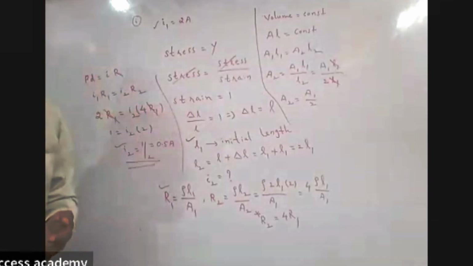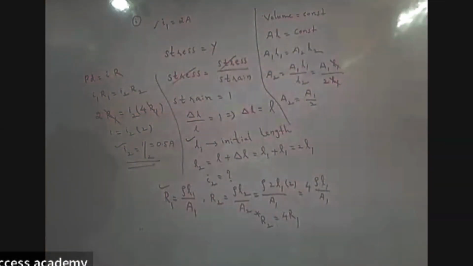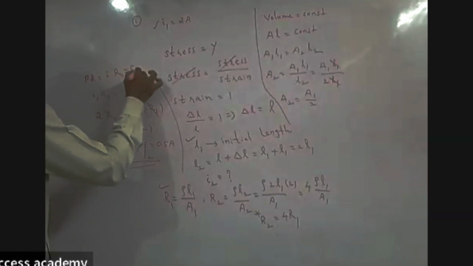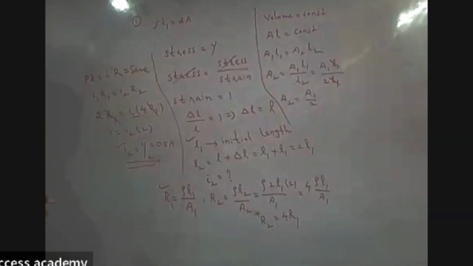Now, the potential difference is IR. This is the same. So I1 R1 equal to I2 R2. I1 is 2 ampere, R1 is as it is, I2 we need to calculate, and R2 is equal to 4R1.